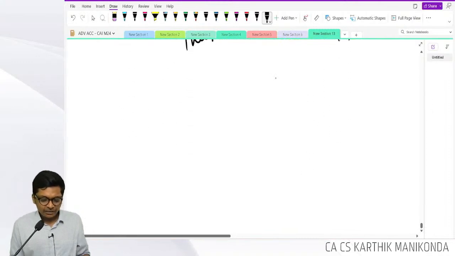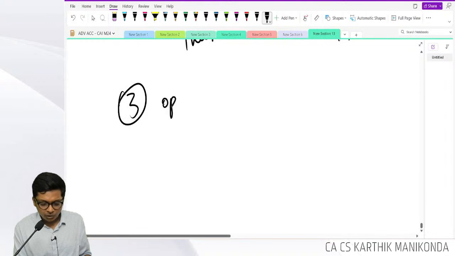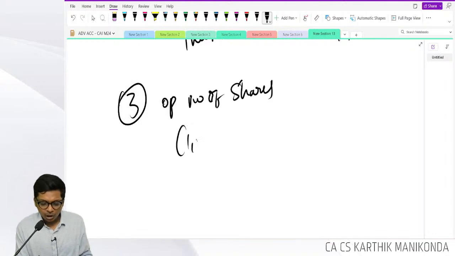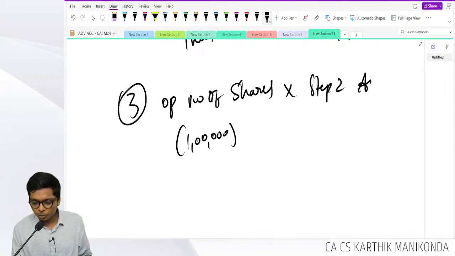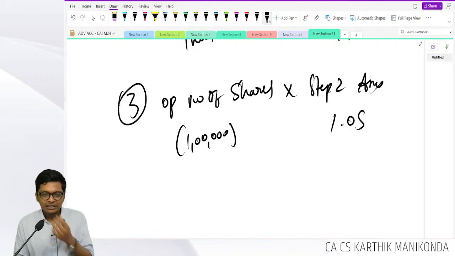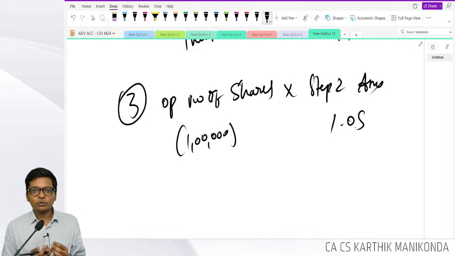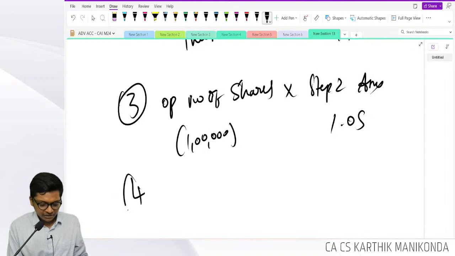Then my third step will be the opening number of shares. In the example I gave, the opening number of shares is 1 lakh into the step 2 answer, which is 1.05. Step 4 will be this into this.